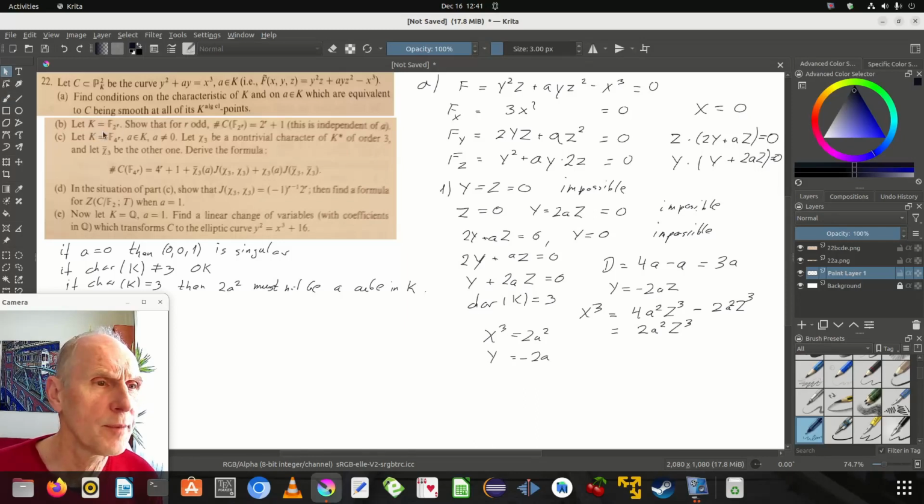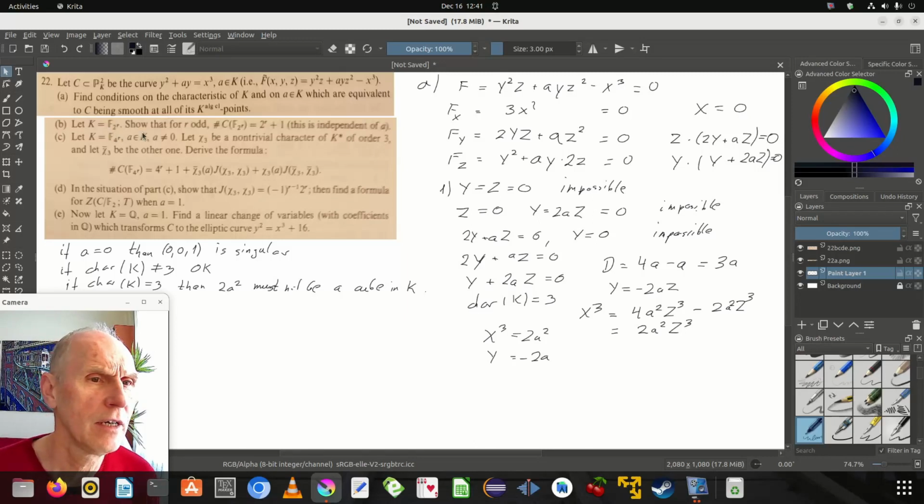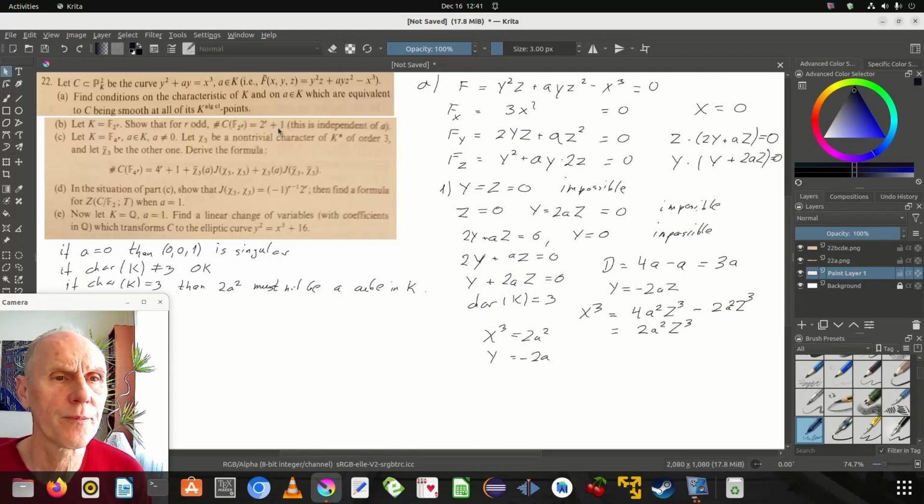Now we choose a specific k, power of r, and then show that this is the number of points. It looks like one of the maps, y maps to this, or x maps to x cubed, is 1-to-1.